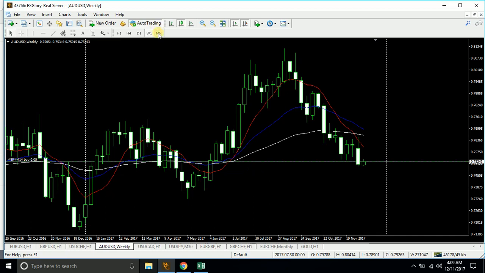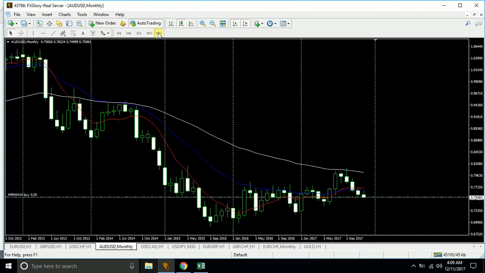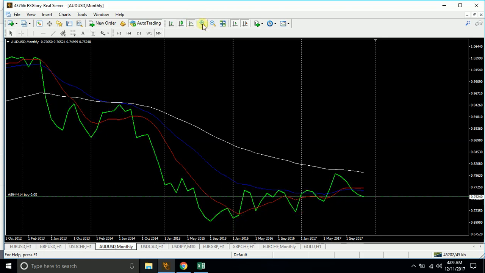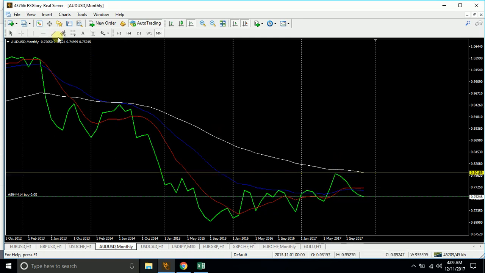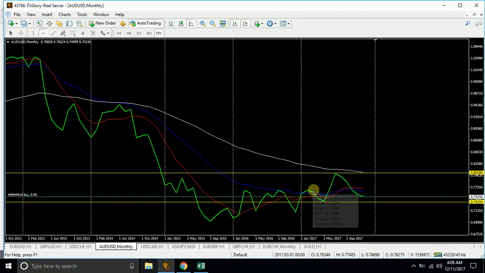Okay. First things first. Monthly time frame. Line chart. Most recent level of resistance. Most recent level of support. Second most recent level of resistance.